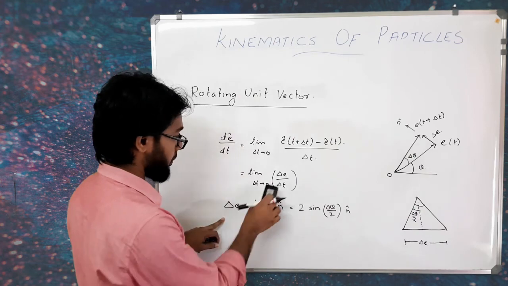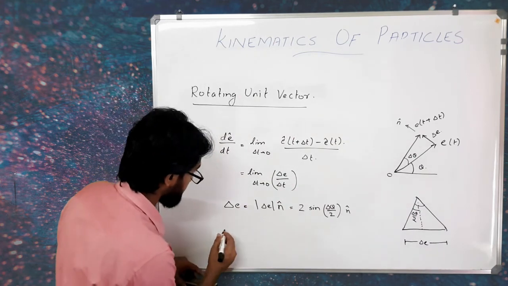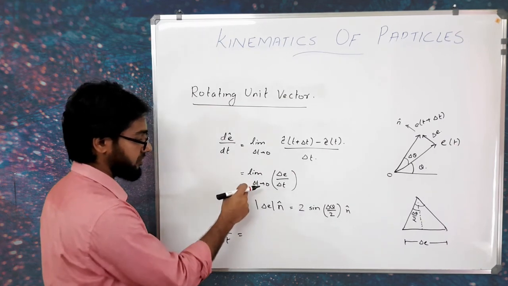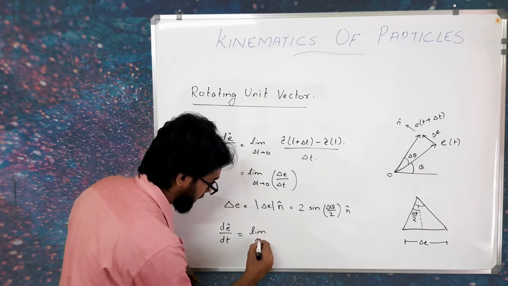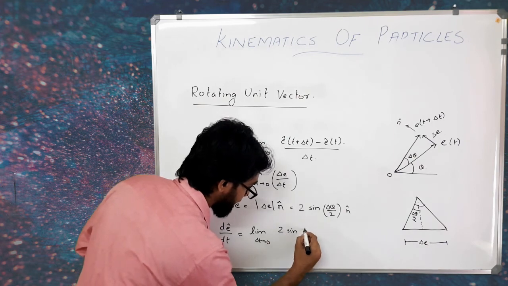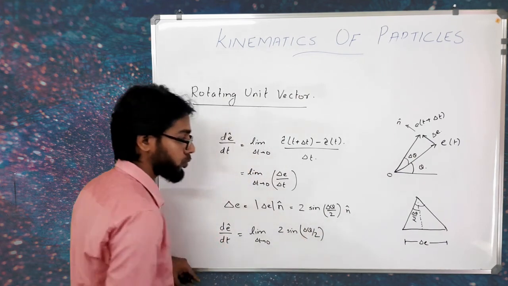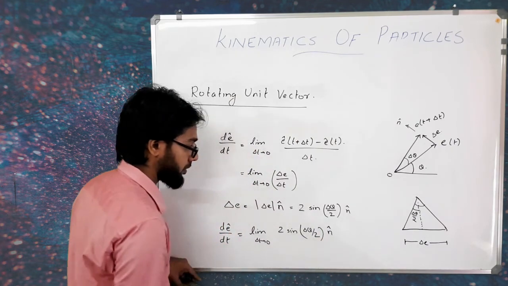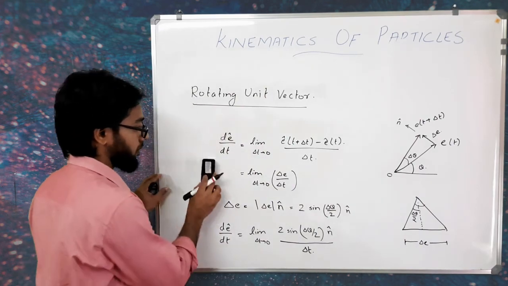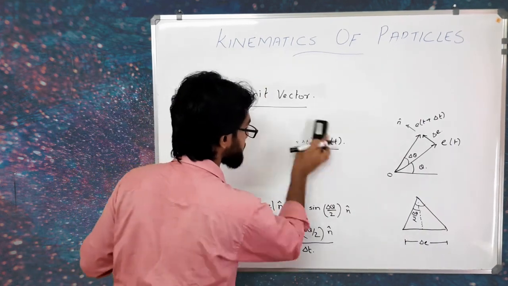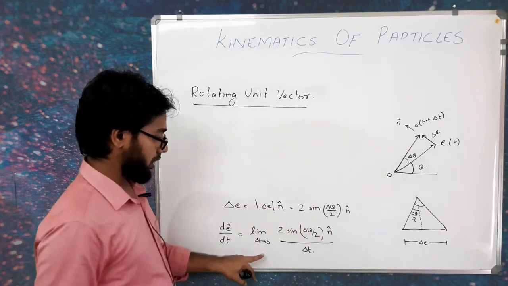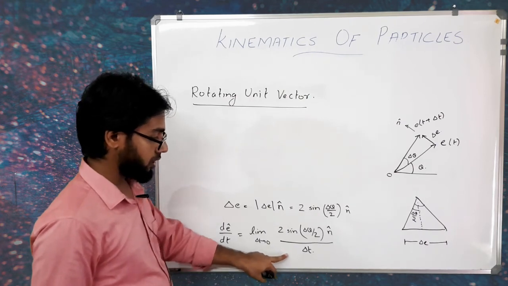Substituting this part here, I get dE/dt equal to the limit as Δt tends to 0 of 2 sin(Δθ/2) n cap divided by Δt. Now here I will make a small manipulation.